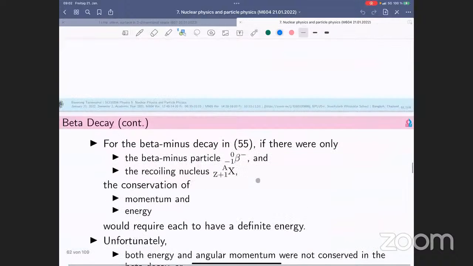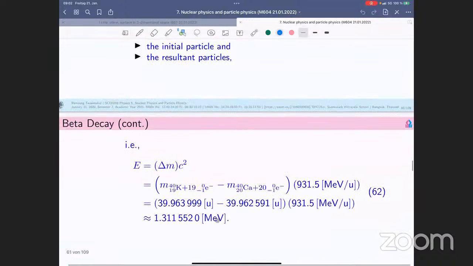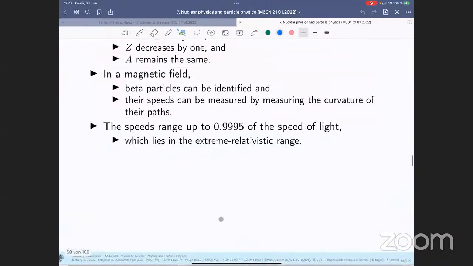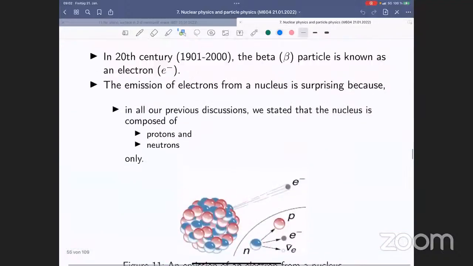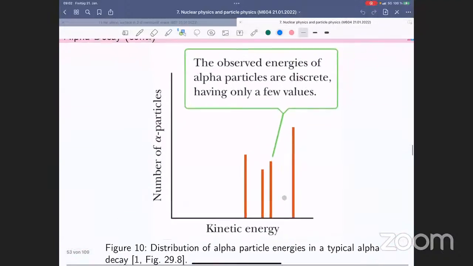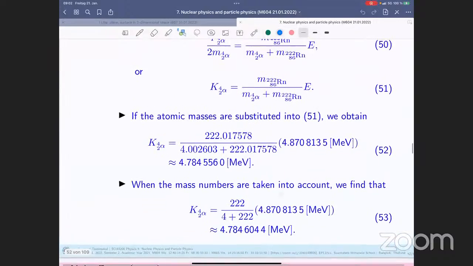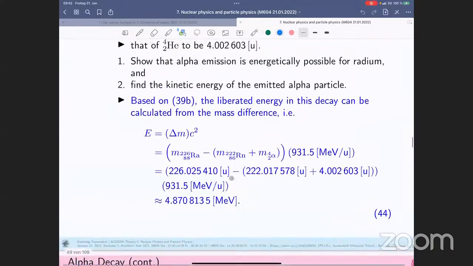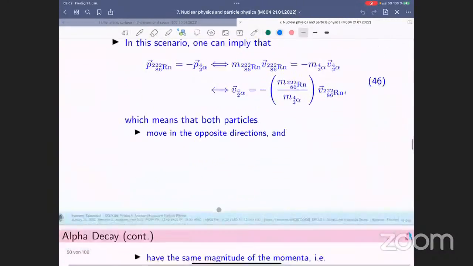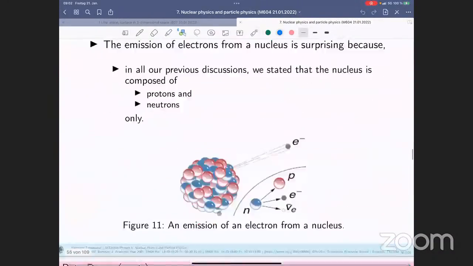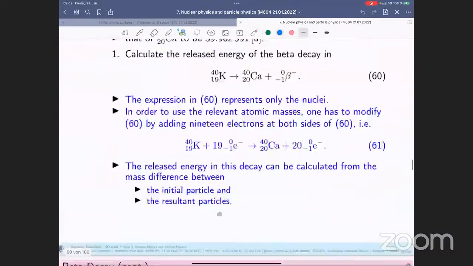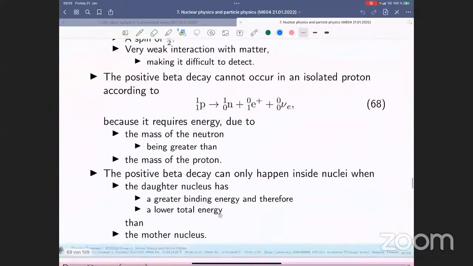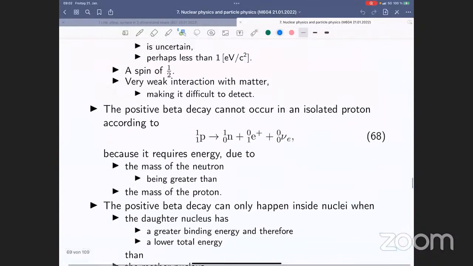It's not discrete. Like if we get a certain value like this, as in the alpha particle, we got a discrete energy because we have seen the release energy as a discrete value, same as in the alpha process.